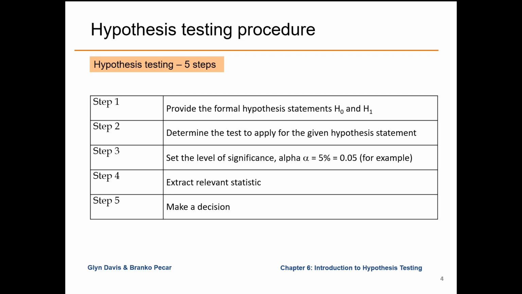Step 3 then is to state the level of significance, alpha, and we normally take alpha as 5%, which is 0.05 as a decimal, but you can have alternative values. Step 4 then is to extract the relevant statistics, whether you use Excel or SPSS. Step 5 is make a decision.